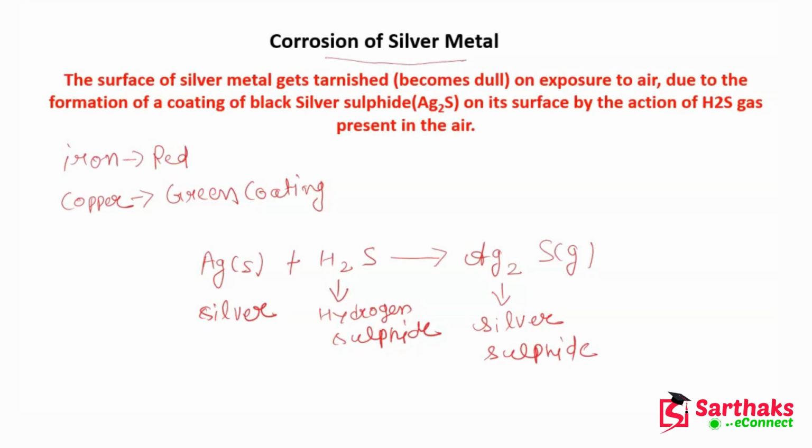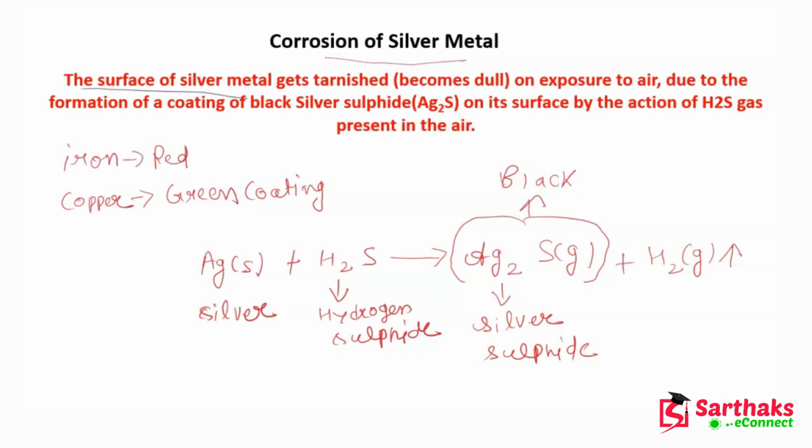Okay, guys. So, because of this silver sulfide, the silver becomes black because the color of this silver sulfide is black, and hydrogen gas is also produced in this reaction. I hope you now know the reason for the tarnishing of silver metal. So here we will say that the metal is tarnished.